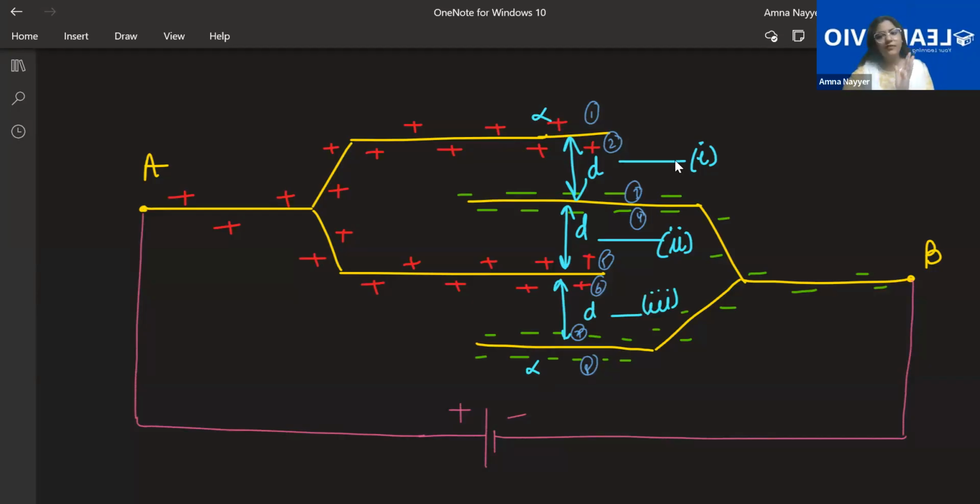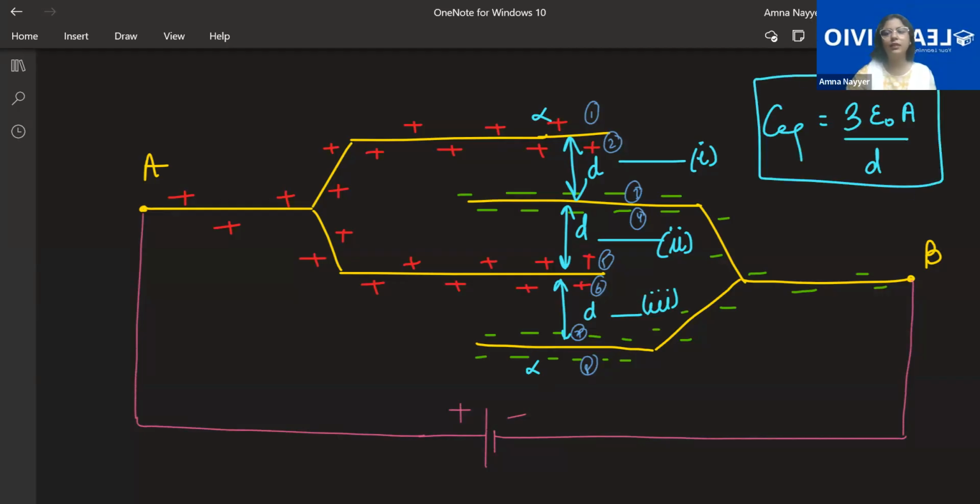Whatever is the number of capacitors, your C equivalent will be that number times epsilon naught A by d. That's it. This will be the answer. Straight away, if you are able to form three capacitors, it is 3 epsilon naught A by d. This one is clear. Then I'll give you one more example.